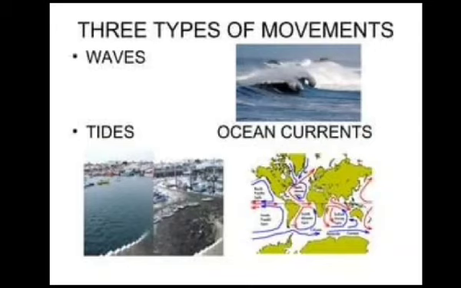Distribution of water. We know that about 71% of the earth is covered with water. Still, we face the problem of water scarcity. Why? That huge quantity of water is not available to use.